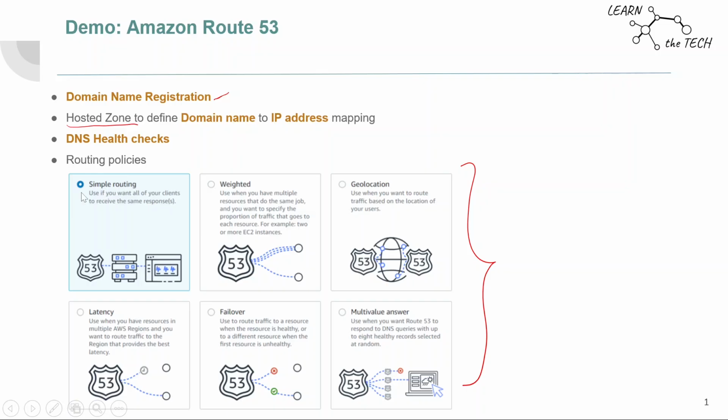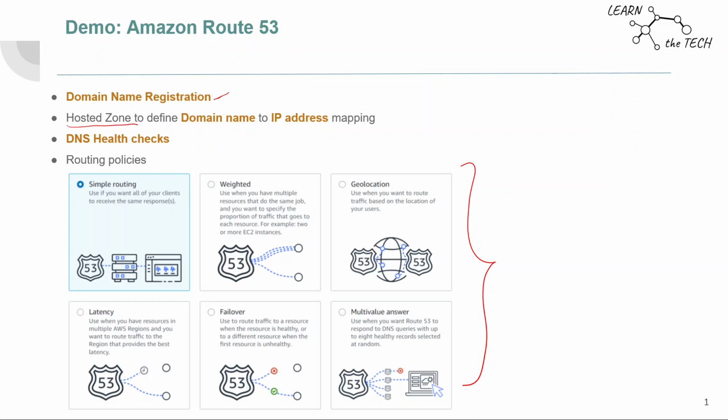So there are multiple routing policies that AWS provides as part of Route 53. So simple routing is when you want any request from any user to get resolved to the same set of IP addresses. And you need not add only one entry of an IP address for the same name.